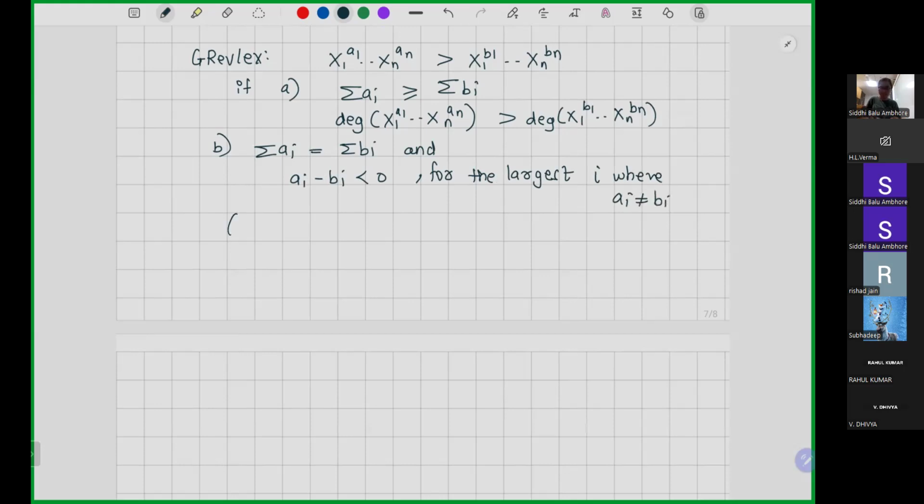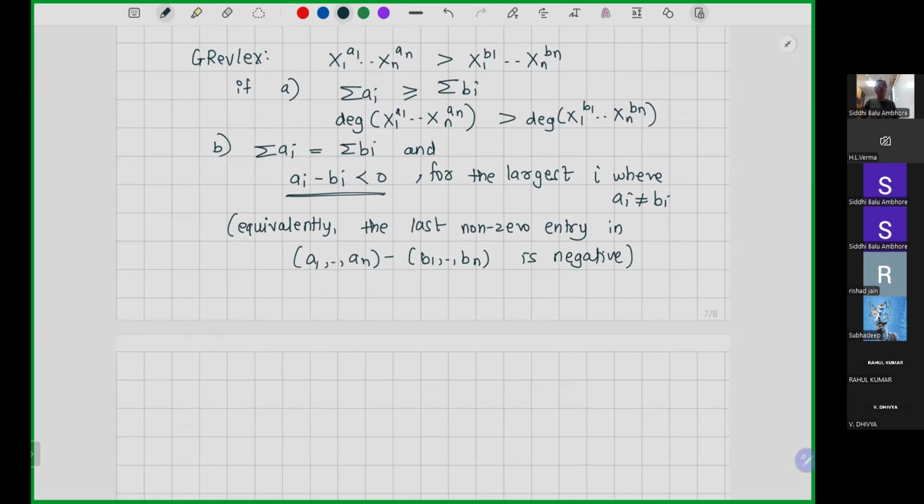So equivalently, we check that the last non-zero entry in a1 to an minus b1 to bn is negative. Okay, we want this to be negative.